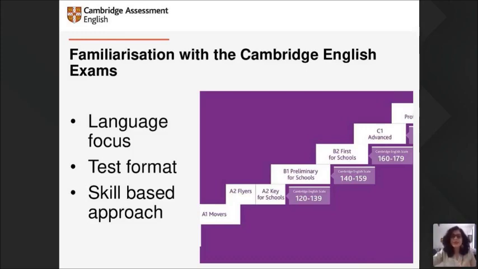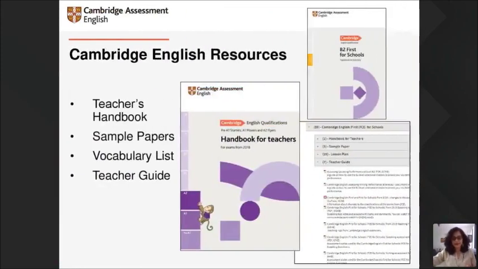Now, here we need to bear in mind that all Cambridge English exams are skill based exams. The proficiency exams, which test the language proficiency of the candidate, have a skill based approach. That is, the candidate is tested on their listening skills, their speaking skills, their reading skills, and their writing skills.